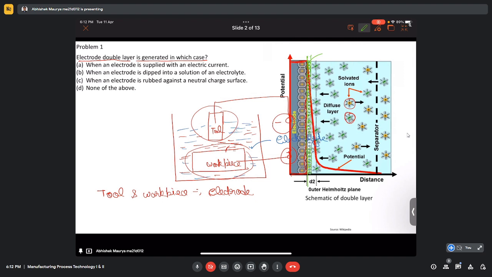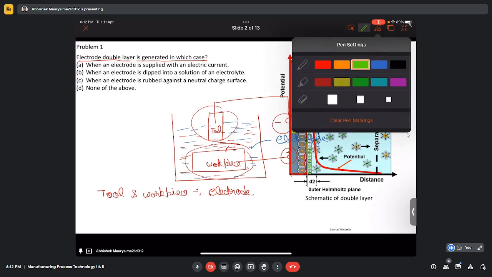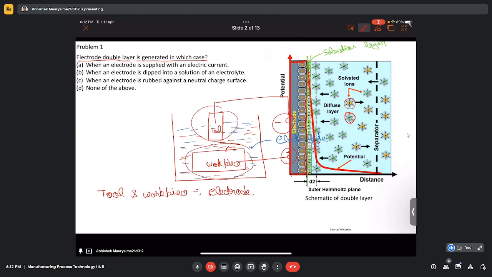The very first layer just after the electrode is a thin layer of water. That is called the solvation layer. Just after this, to balance the positive charge, the negative ions start accumulating just after the solvation layer. These are the negative charges which are getting accumulated.